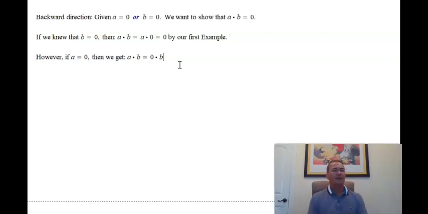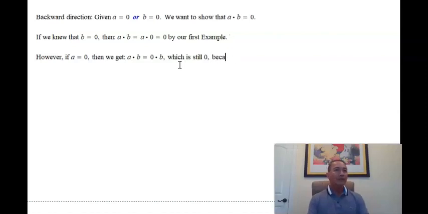Now wait a minute. Is that really something different? It still says 0 times a number. So it really doesn't matter, does it, whether we call that number a or b? What's in a name? It's still a number. So 0 times b, which is still 0.